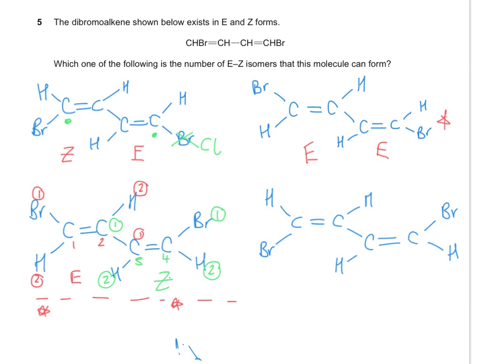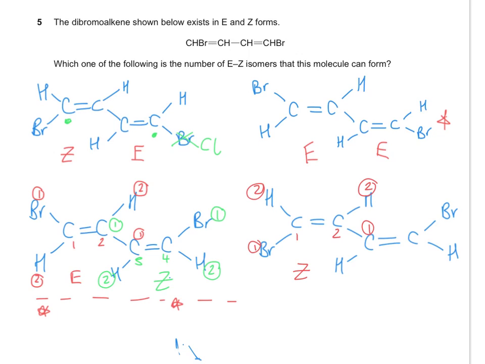Okay, so assigning our priorities, for carbon number 1, bromine has a higher priority than hydrogen. Carbon has a higher priority than hydrogen for carbon 2. We can see that our highest priorities are on the same side, and so this is Z.